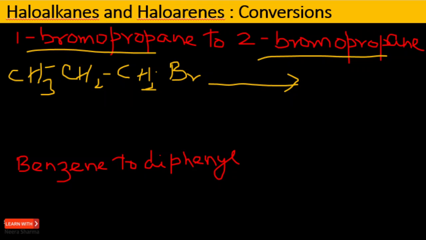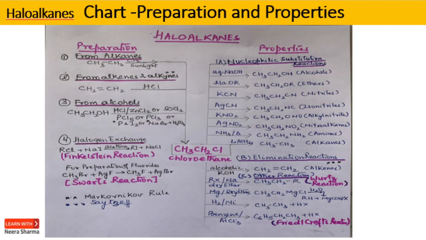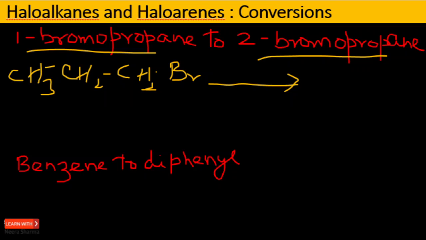You should remember in the chart, just see the chart of haloalkanes. How do I get an alkene? Alcoholic KOH. So first I should treat it with alcoholic KOH.